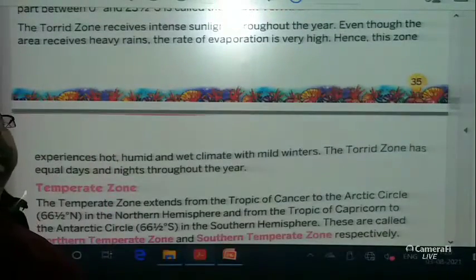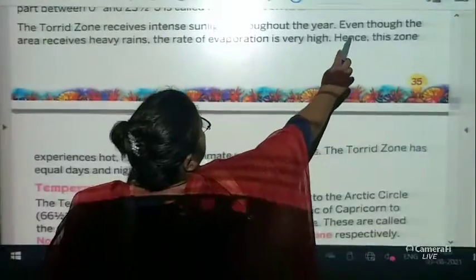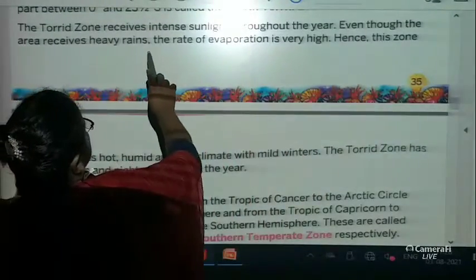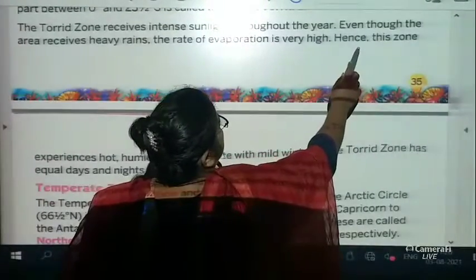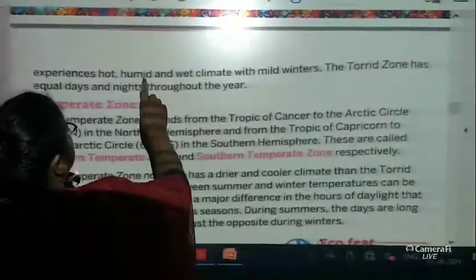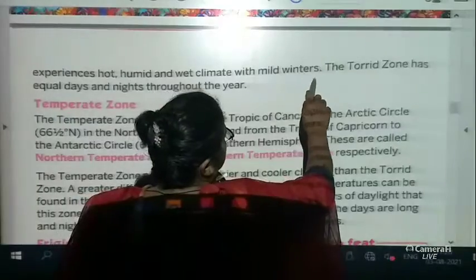The torrid zone receives intense sunlight throughout the year. Even though the area receives heavy rains, the rate of evaporation is very high. Hence, this zone experiences hot, humid and wet climate with mild winters.